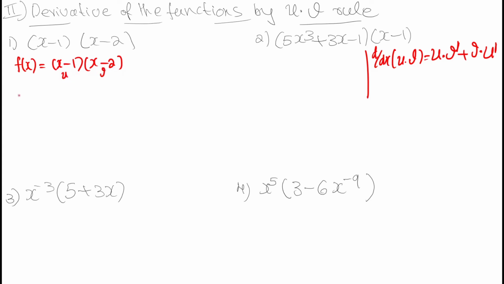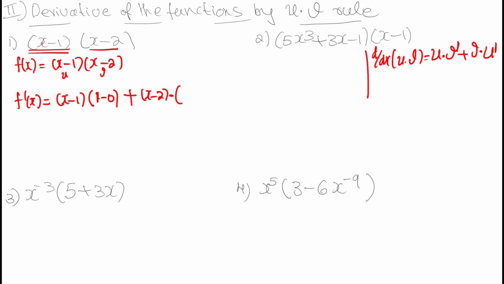So see, f dash of x, differentiating with respect to x, is equal to, first function will remain the same, x minus 1, into derivative of v. Derivative of x is 1, derivative of minus 2 is 0. So that 1 minus 0, plus v, second function, x minus 2, into derivative of the first function.